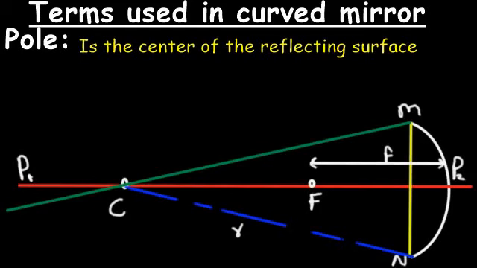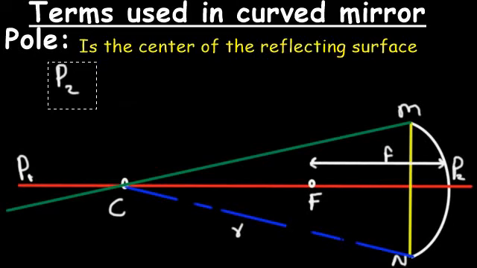Try to pause the video and find out where the center of the reflecting surface is. As we said earlier, this is the reflector, this is the mirror. So the center of the mirror turns out to be this particular point P. So therefore the pole is P. Hopefully you guys are getting it.